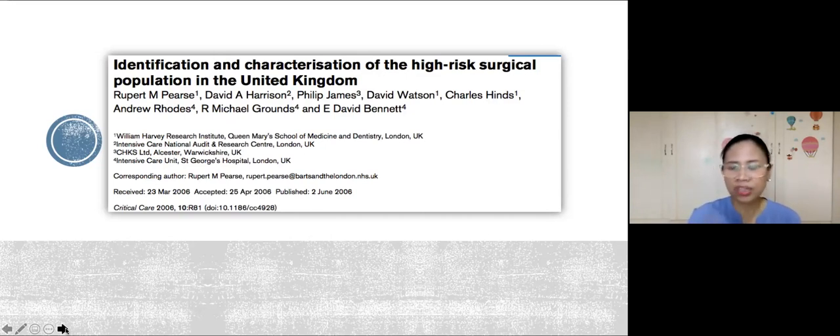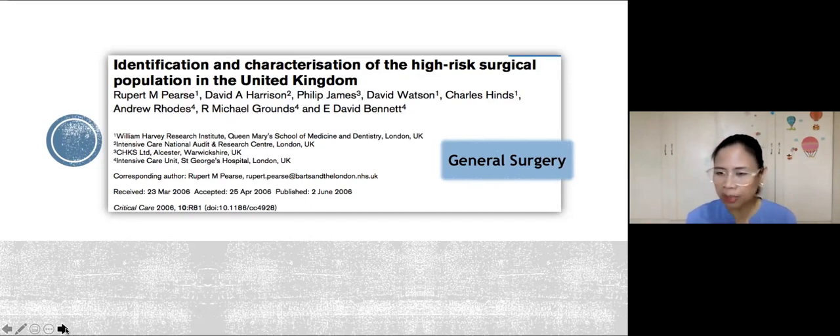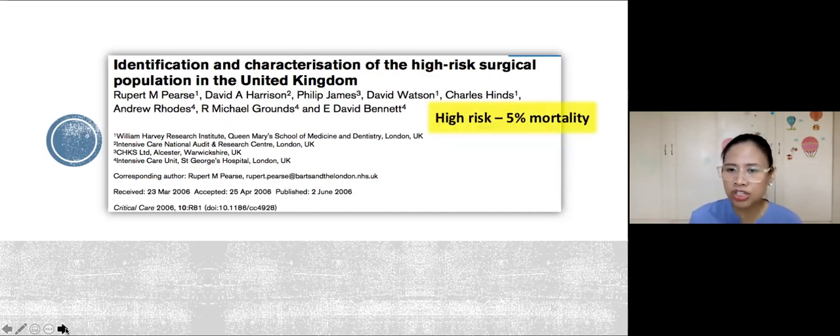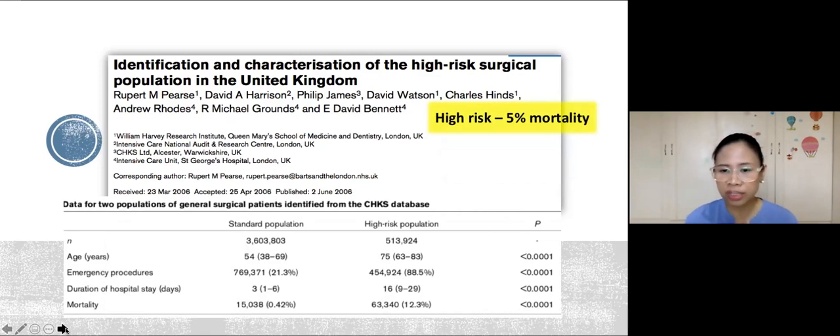So what they did was to search the database available in the UK, included patients who underwent general surgery, and those surgeries that carried a 5% mortality rate were tagged as high risk. Okay, so the results of the study were as follows.